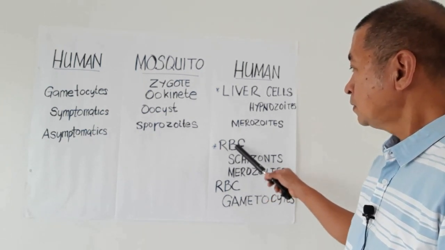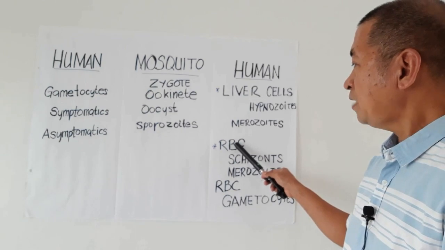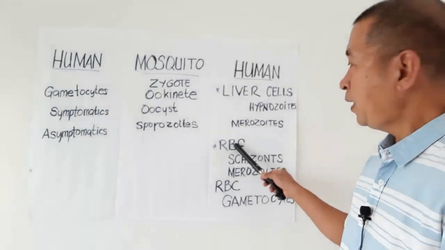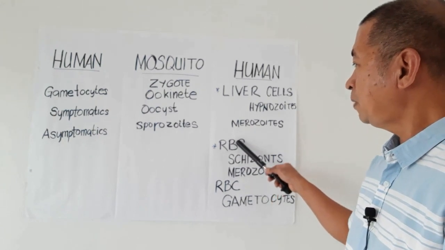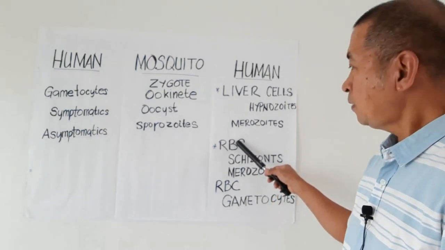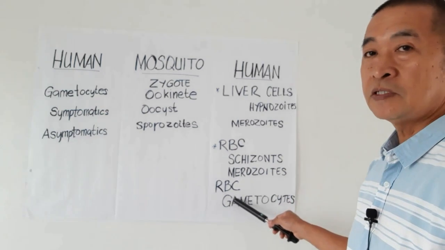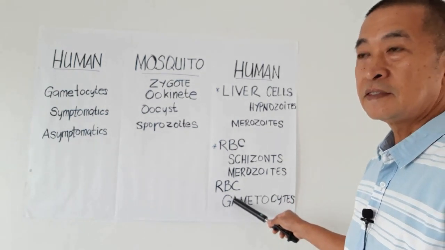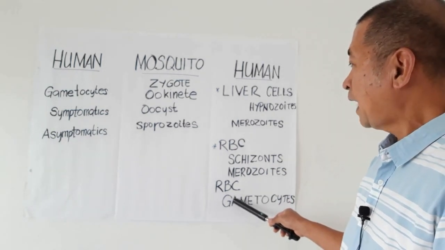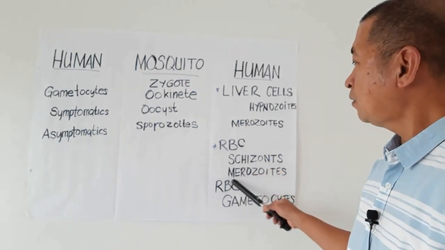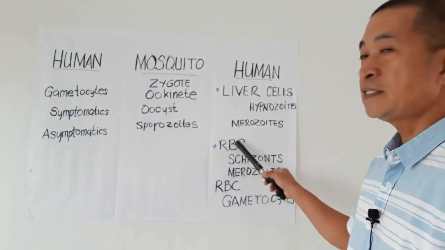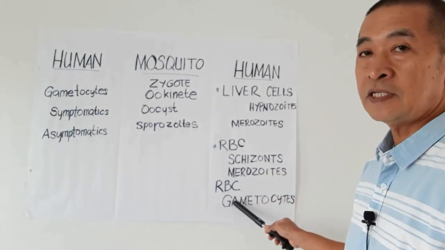In vivax, when they invade RBC and develop in the RBC, there are already gametocytes. Unlike in Plasmodium falciparum, which needs around 3 cycles before the development of gametocytes.